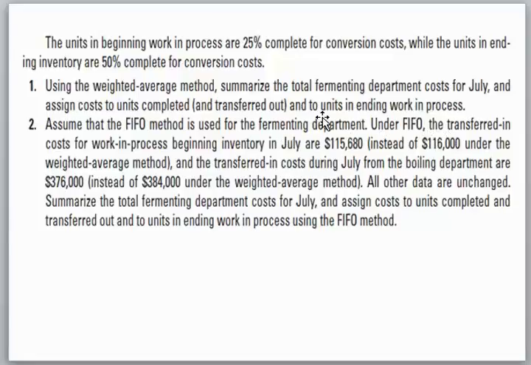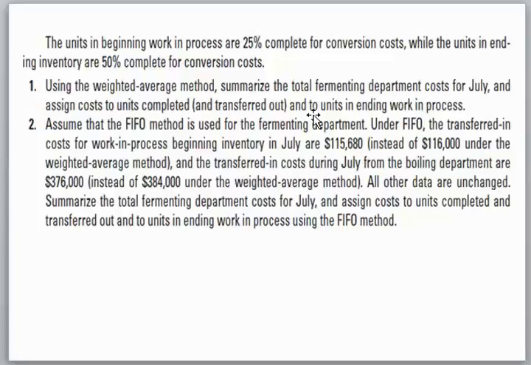Under FIFO, the transferred in cost for work in process beginning inventory in July is 115,680 instead of 116,000 under the weighted average method, and the transferred in cost during July from the boiling department is 376,000 instead of 384,000 under the weighted average. All other data are unchanged.